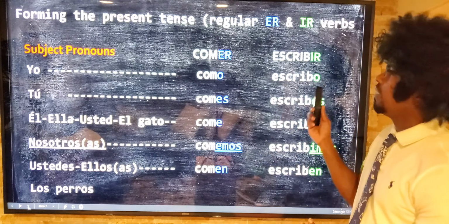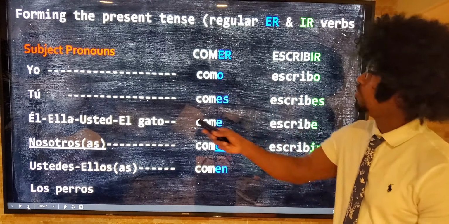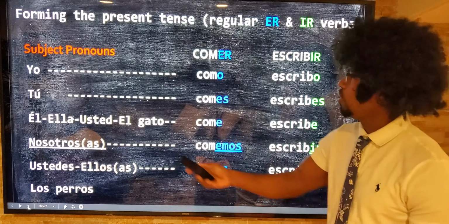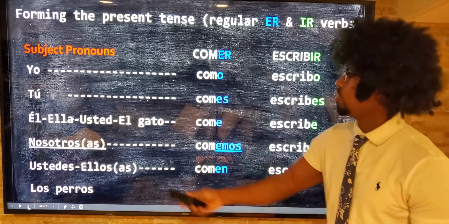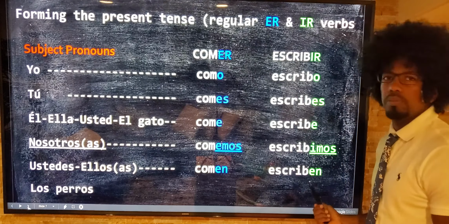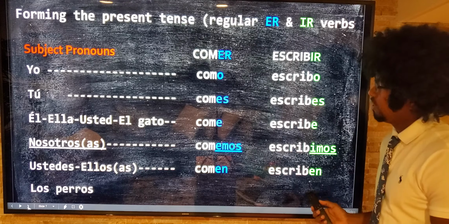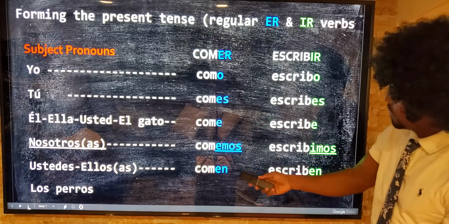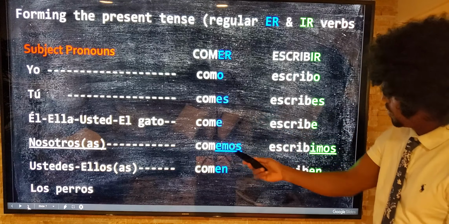And then with the IR, yo escribo, tú escribes, él, ella, usted escribe, nosotros escribimos, ustedes or ellos or ellas escriben. Okay? Again, same exact conjugation, except for the nosotros. You see how it is underlined for you to be careful with. So let's see some examples now.